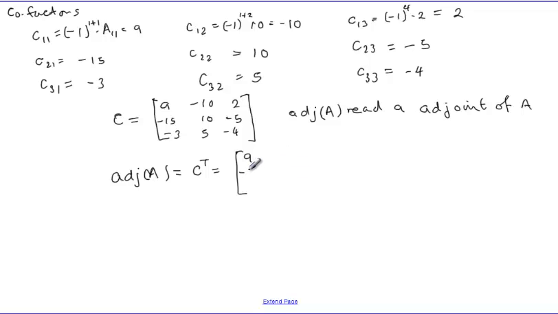So 9, minus 10, 2, minus 15, 10, 10, 1, minus, okay. Then 3, minus 3, 5, negative 4. What hasn't changed there? There's one part of that matrix that hasn't changed. What is it? The principal diagonal does not change, because that's actually the center of rotation. When you're rotating, the center of rotation does not move.